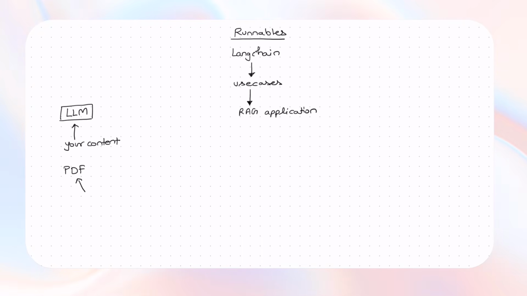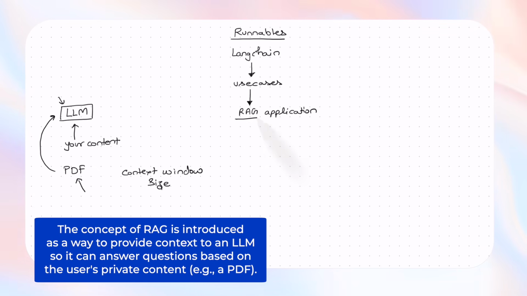Another way is to provide the entire PDF file to the LLM, but then there is a problem of limitation regarding the context window size. So in a nutshell, we have to think about a way to provide my context to my LLM so that I can talk to my PDF using this LLM. And that is where the concept of RAG comes into the picture.